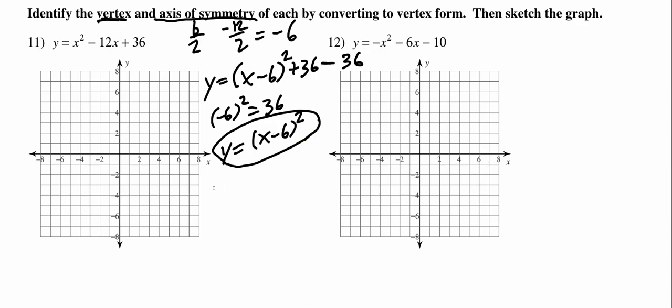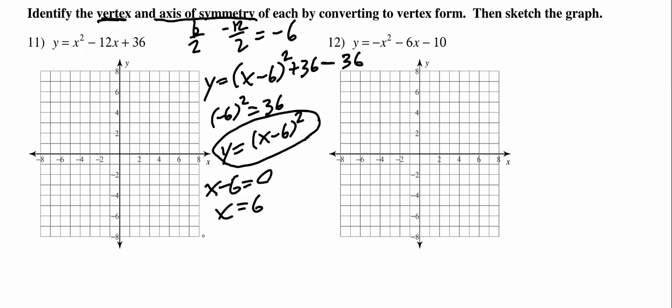So to find the x-coordinate of the vertex, we set this equal to 0. So x minus 6 is equal to 0, and then x is going to be equal to 6 because it's the opposite of the negative 6. Got positive 6 for the x-coordinate.